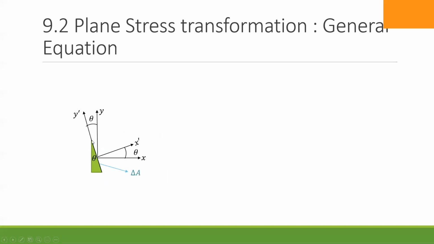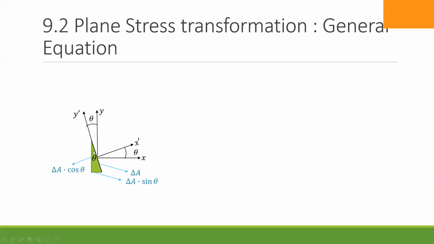First of all, I want to define the areas. This infinitesimally small area is delta A. By using the geometrical relationship, the sine and cosine, the area of this surface should be delta A times sine theta, and the area of this surface should be delta A times cosine theta.